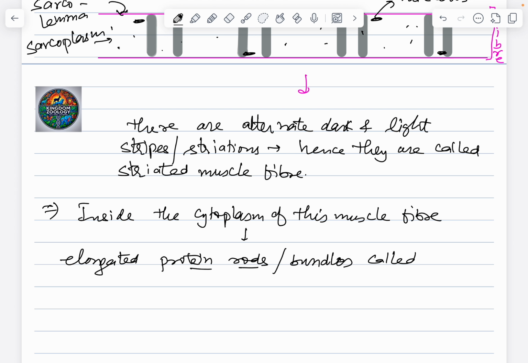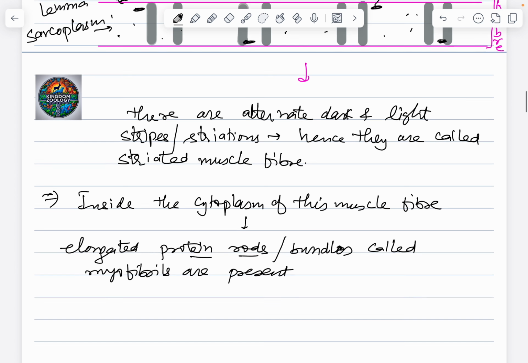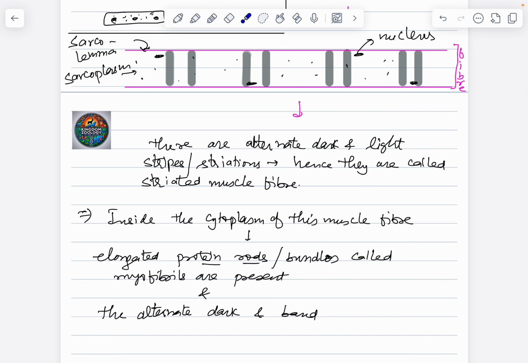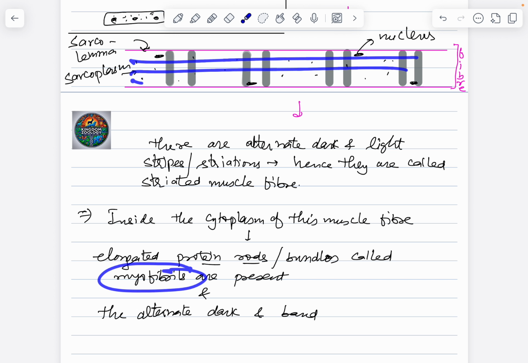Elongated protein rods or protein bundles called myofibrils are present. And the reality is that the alternate dark and light bands that we have drawn on the surface of the cell are in fact present on the proteins which are present inside the cell.